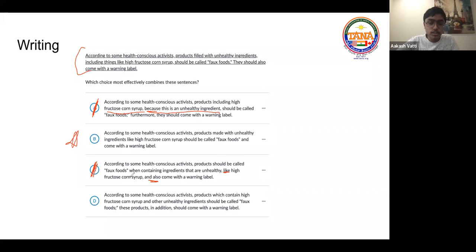According to some health-conscious activists, products which contain high fructose corn syrup and other unhealthy ingredients should be called fox foods. These products, in addition, should come with a warning label. First of all, this is just unnecessary. This is a lot more complicated than this one. This one is nice and concise, while this one just runs on. So therefore, our answer is B.